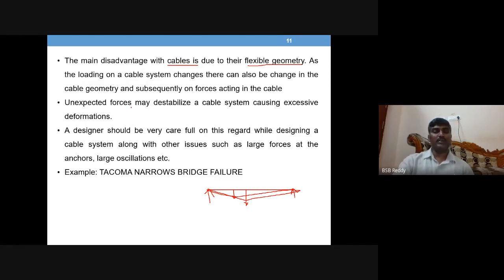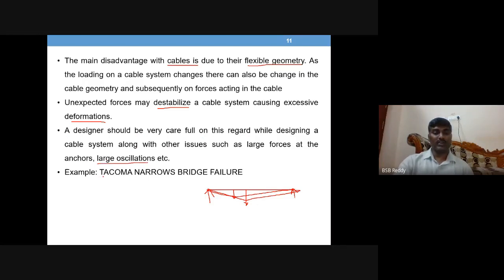Unexpected forces may destabilize a cable system, causing excessive deformations. If you design the cable for an expected force, it's okay. It will perform its duty. But if some unexpected forces come, just like in your beam column construction, you don't have safety for this, no stability for this, right? So designers should be very careful in this regard while designing a cable system, along with other issues such as large forces at the anchors and large oscillations.